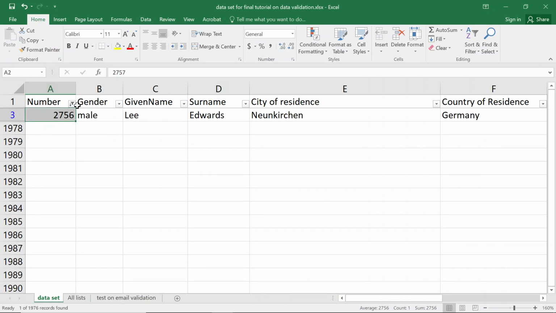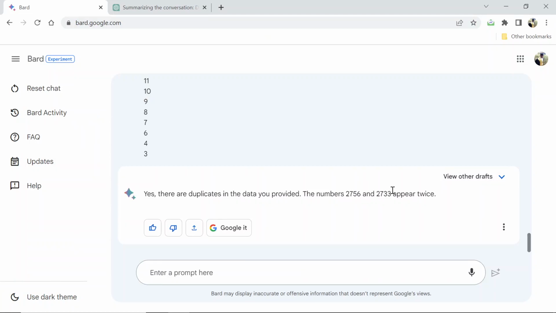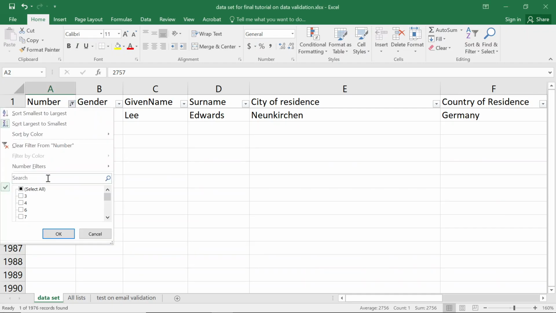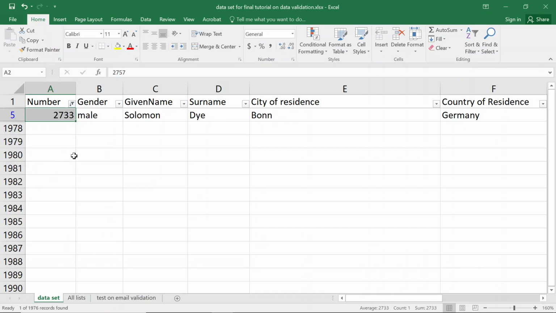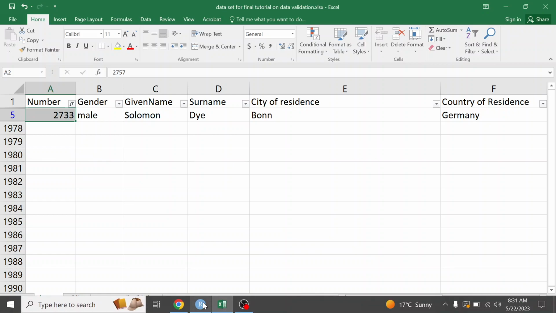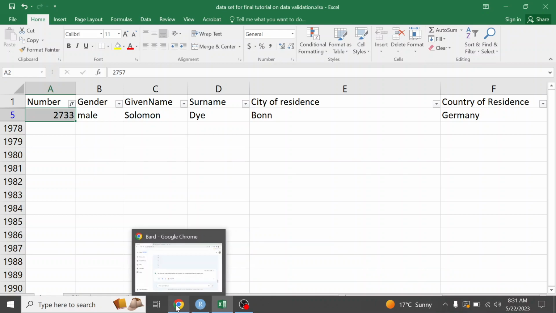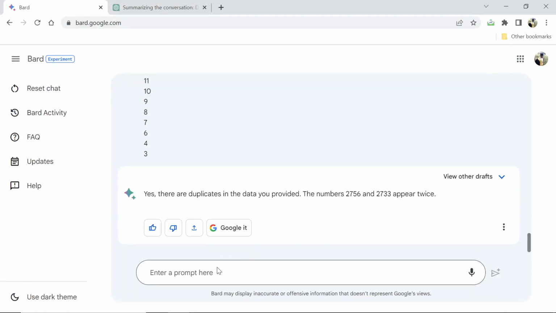I don't know where BARD got that. And 27 33. There is no duplicate in there. BARD is driving me crazy.